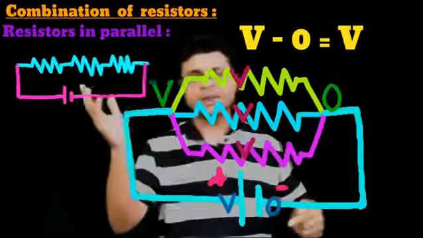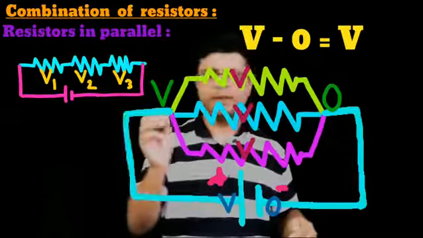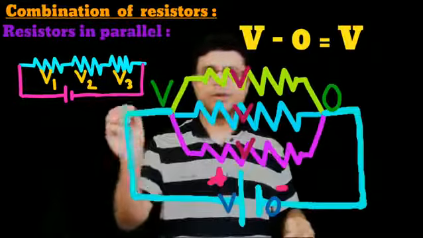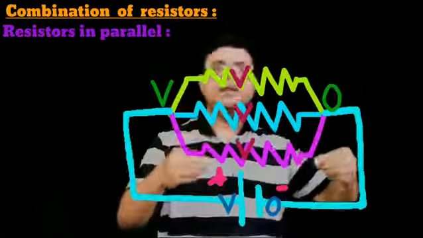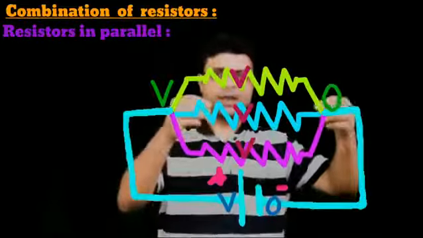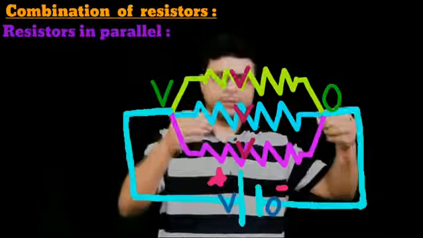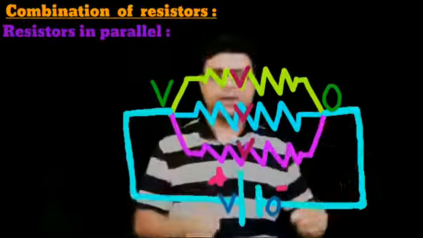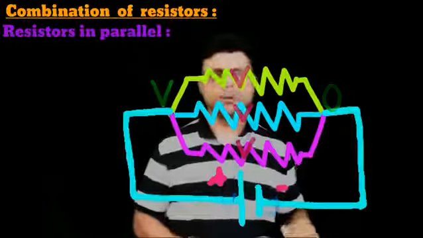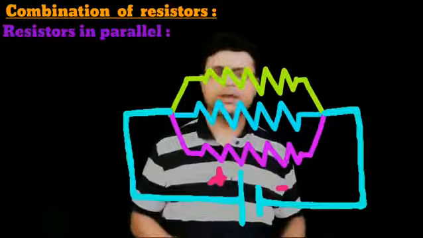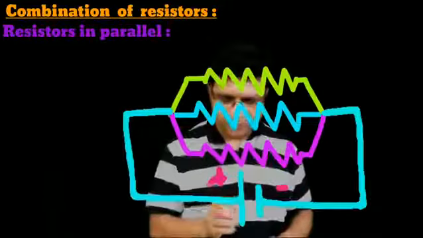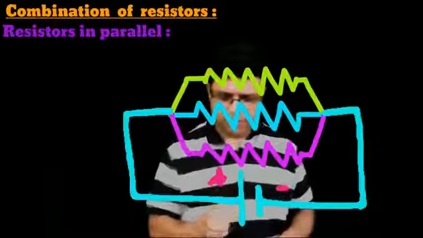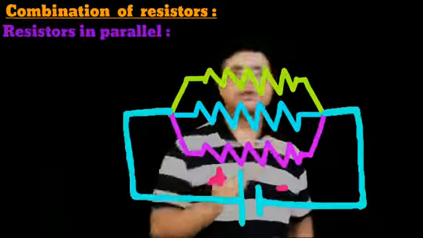Okay, in series connection, the potential was distributed: it was V1, V2, V3. But here they are connected in parallel, so the potential difference across each resistor will be the same, V, which is the same as the battery or the source. Okay, students. Now, what about the current? You see, current is flowing from the positive terminal to the negative terminal.